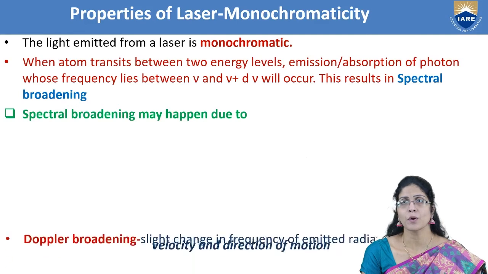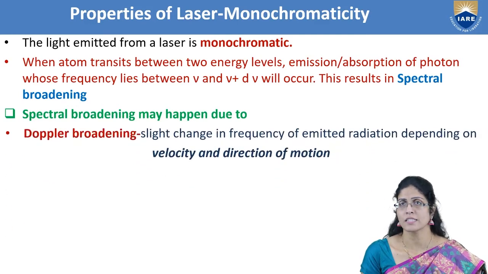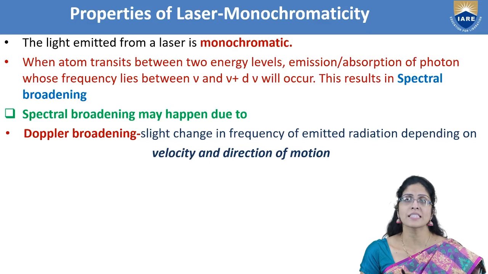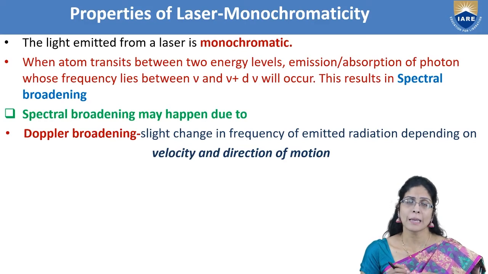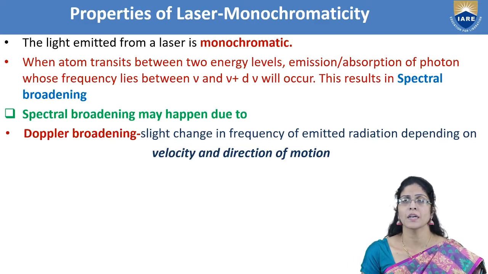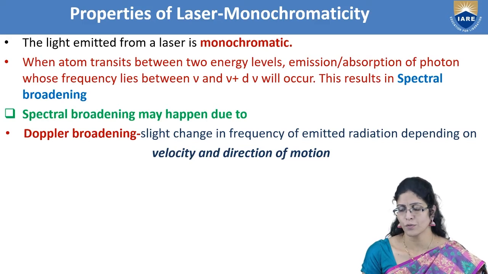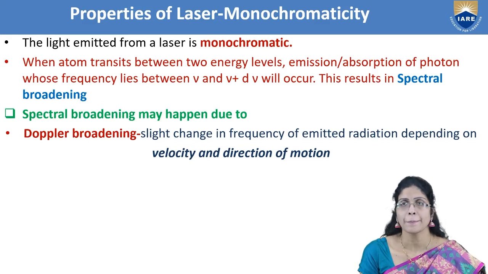And this spectral broadening may be due to three concepts. The first one is the Doppler broadening. This Doppler broadening is due to the velocity and the direction of motion when the emission is happening. So when this emission is happening, there will be a slight change of frequency in the emitted radiation because of the change in the velocity and direction of motion of the emitted particle.